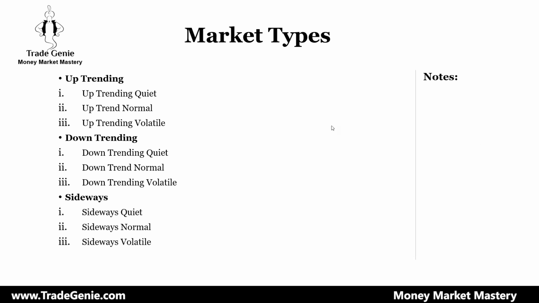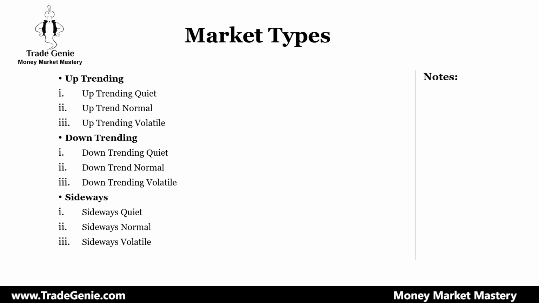So instead of defining bull and bear, and waiting for a 20% definition or 10% correction definition, you must have a way of defining uptrending, downtrending and sideways. So this is the definition. You figure out whether it's uptrending, downtrending or sideways.